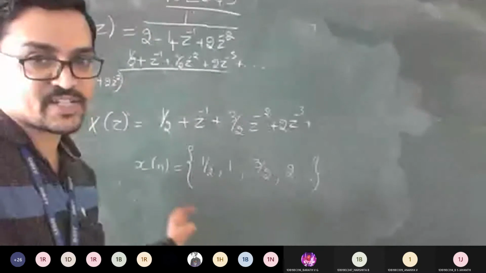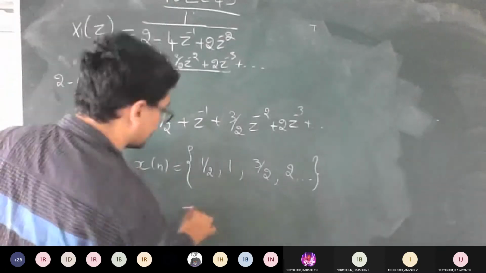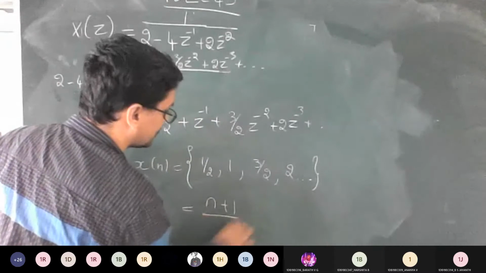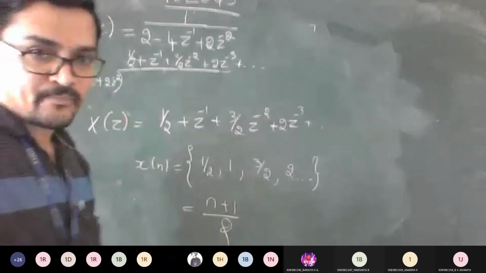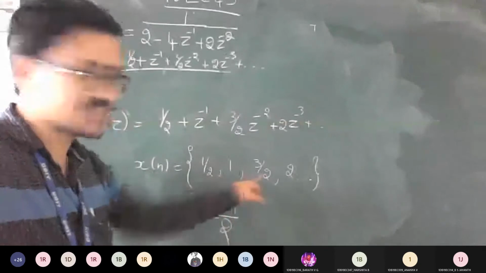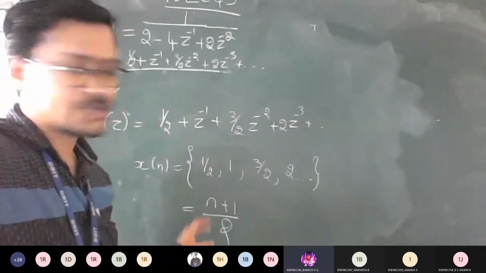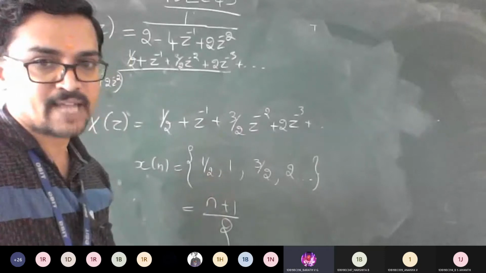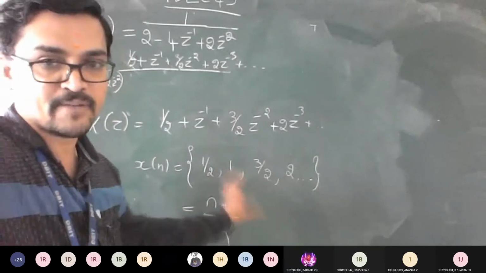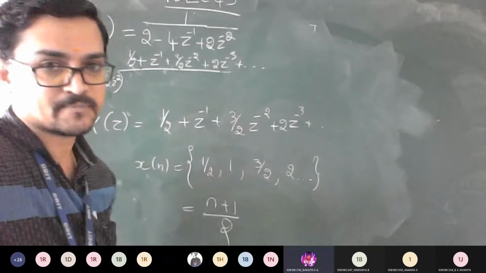So whatever n values are there, plus 1 divided by 2. Can I conclude it is in this form? Just check and tell me. If I give this n plus 1 by 2, is it matching with this answer? Yes, sir. So you need to check and debug the answer. There is no u of n concept here. U of n means there should be a continuous 1, then only I can mark it as u of n.